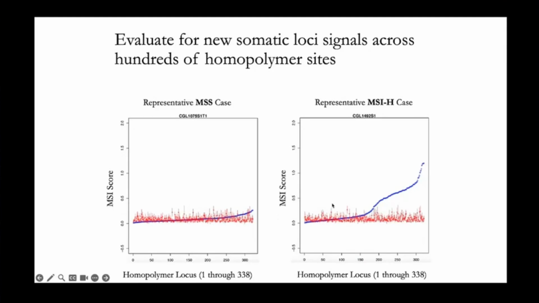Whereas the case on the right has many unstable loci that are way outside the range of what we normally expect. A full 52% of these loci are outside the range, and so this is an MSI case, and numbers this high are what we most typically see in our MSI cases. So this approach really does a good job for us of discriminating the stable cases from the MSI.